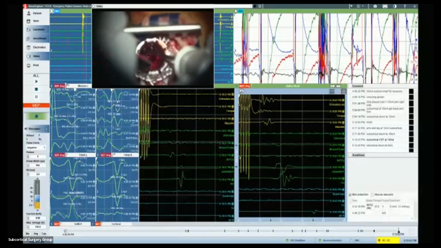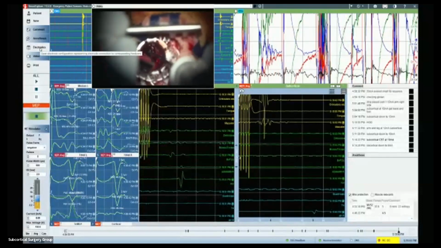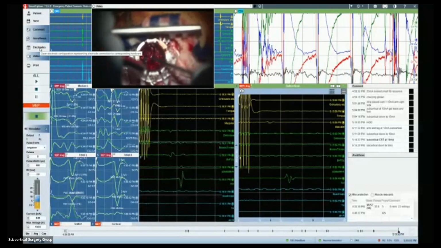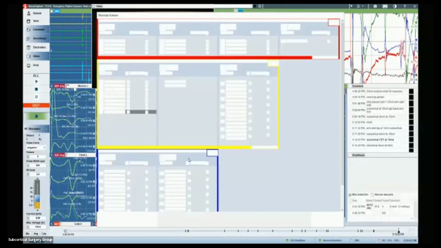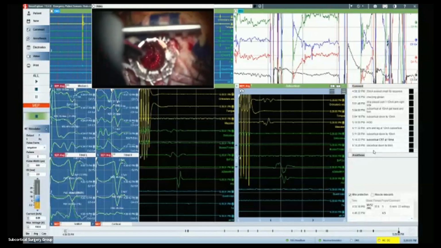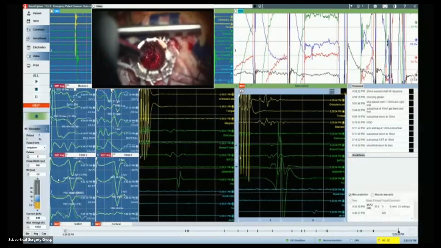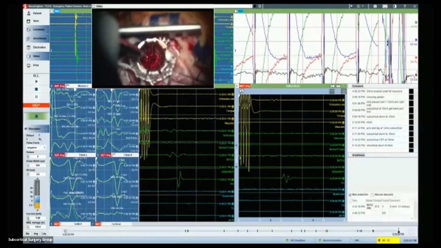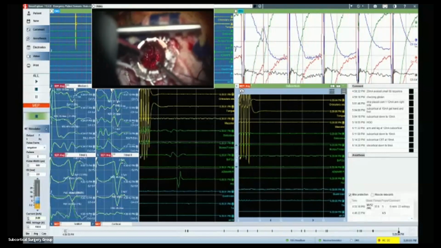This is a view from our neurophysiology perspective. You can see on the top the bimanual technique, the probe suction on one hand and the myriad on the other hand. So we have resection, irrigation, and neuromonitoring at the same time.